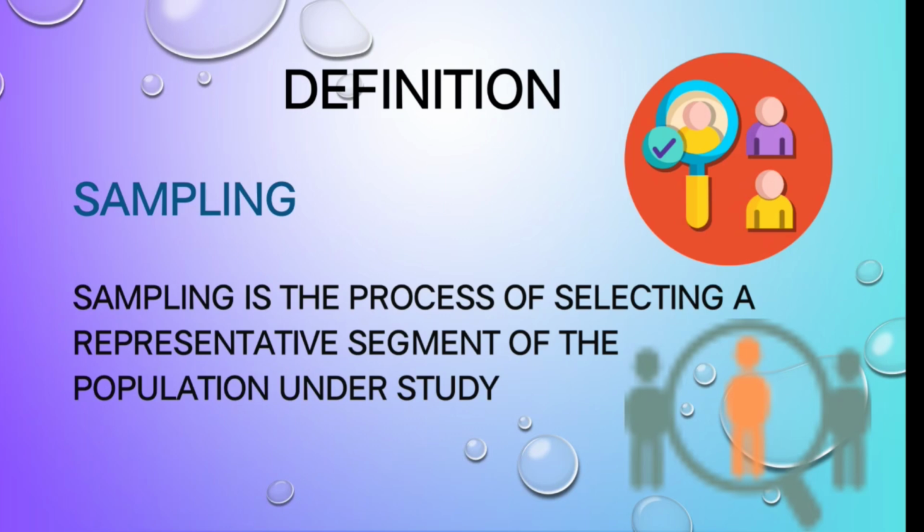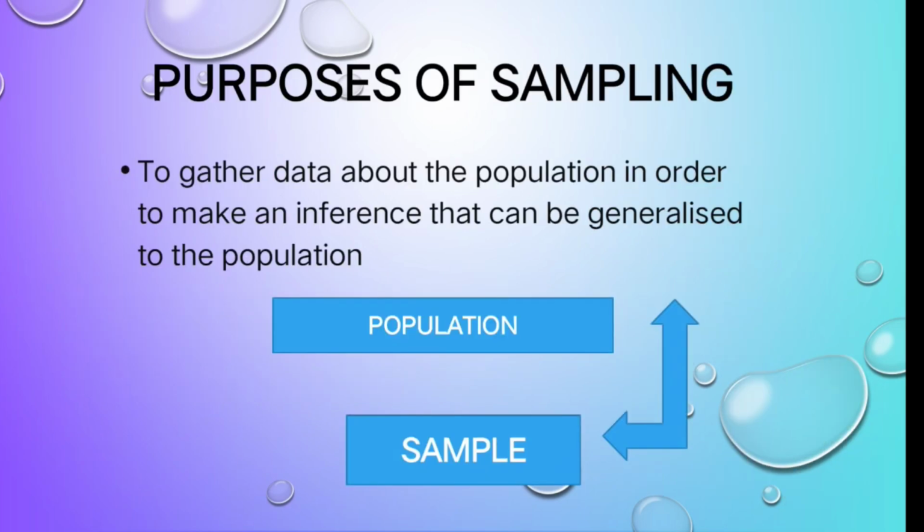So, definition: sampling is a process of selecting a representative segment of the population under study. That means it is a process of selecting a particular amount of sample from a whole population, which is going to represent the population. So whatever inference we get can be generalized to the population.